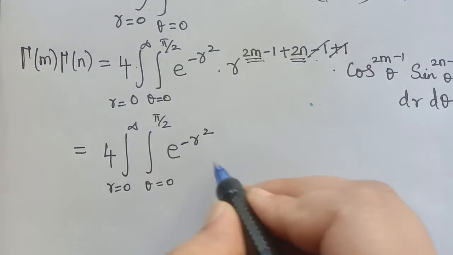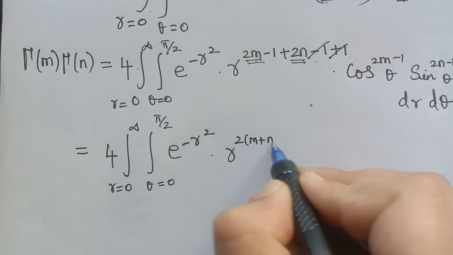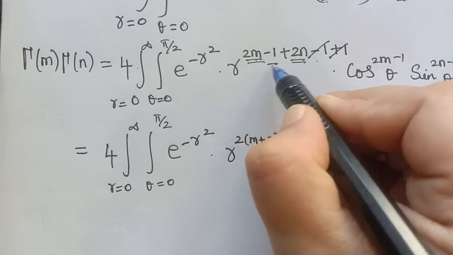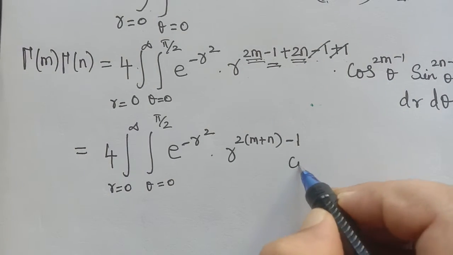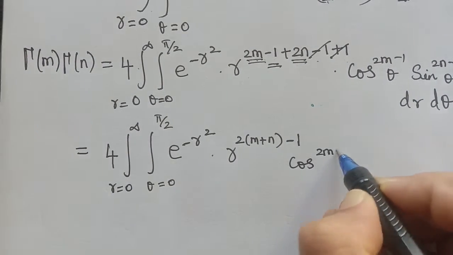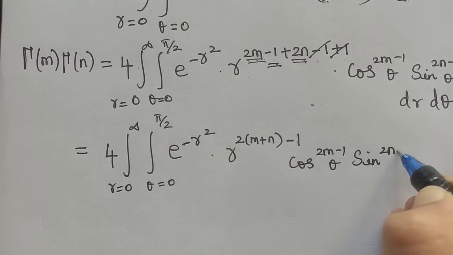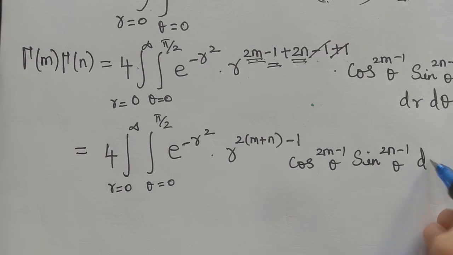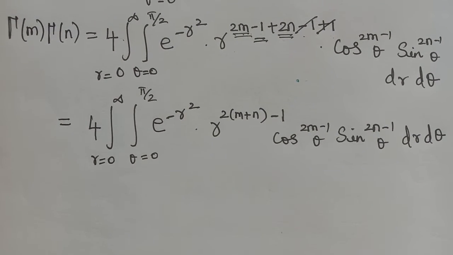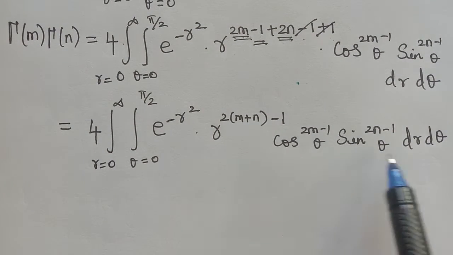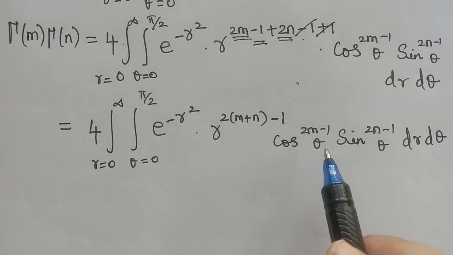And so we will have r to the power 2 multiplied with m plus n, and we have one minus sign here, so minus 1. And then this remains the same: cos to the power 2m minus 1 theta, sin to the power 2n minus 1 theta dr d theta. So when we write, we should be very careful about the parameters. We should not change or miswrite them. So be careful while writing it.